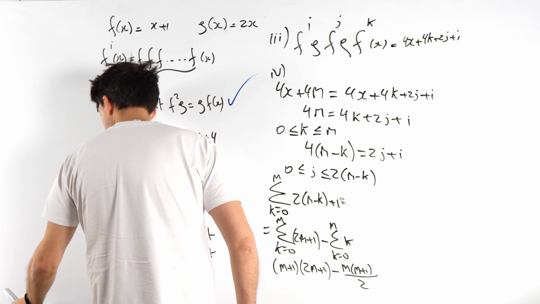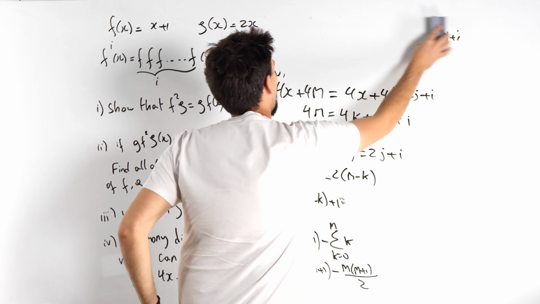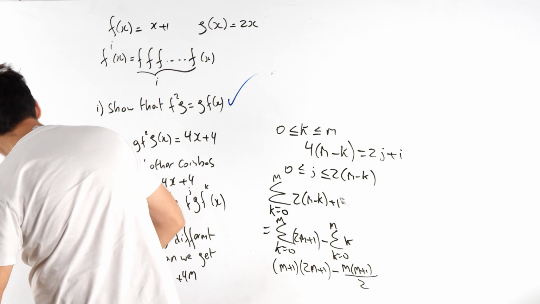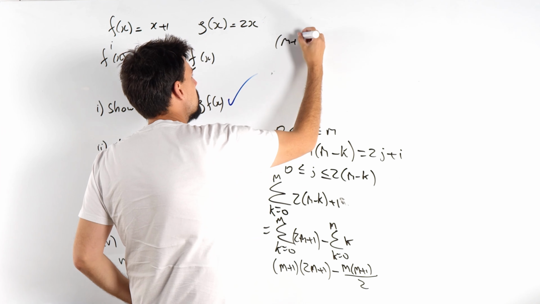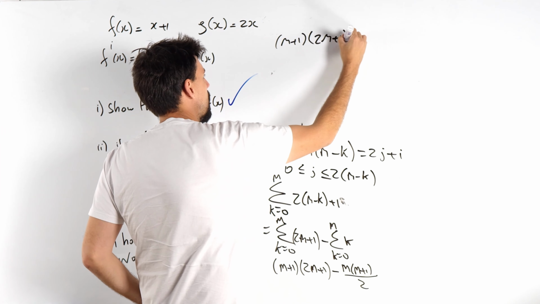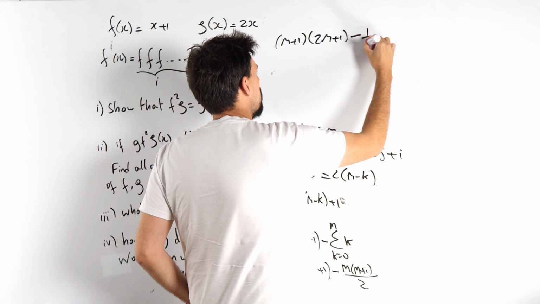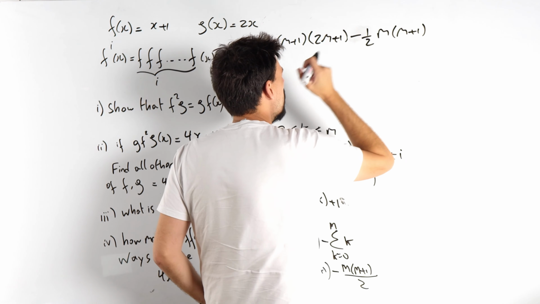And do you know what? Looking at this, let's give ourselves a little bit more space up here. So the number of ways I can do this is m plus 1 times 2m plus 1, minus 1/2 m plus 1.